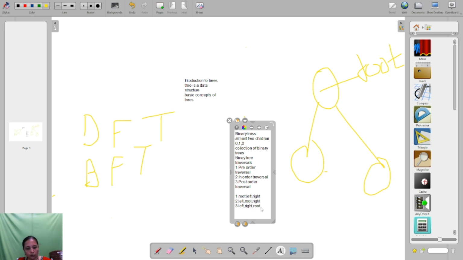First we will see preorder. Before the example, we will see the algorithm of preorder.